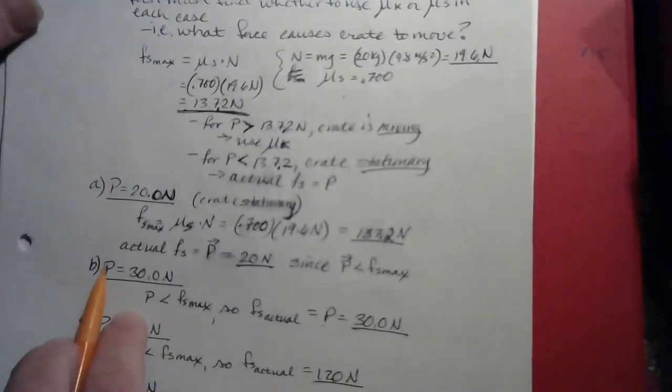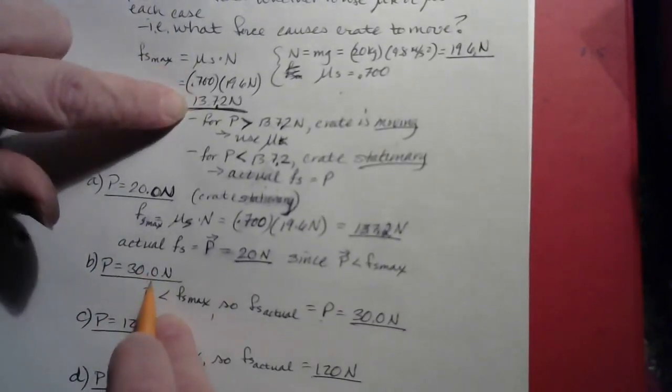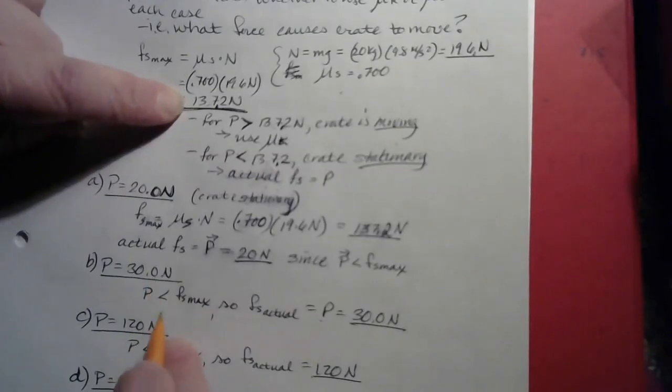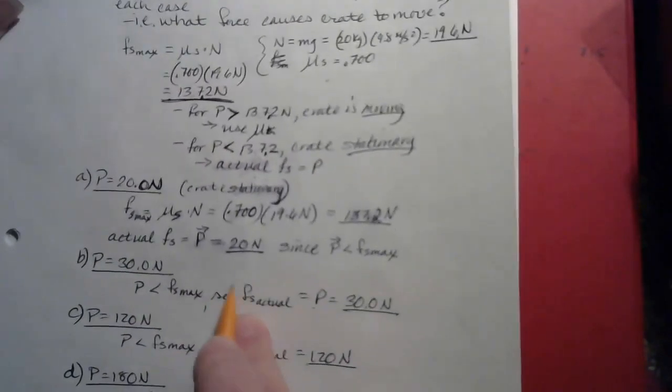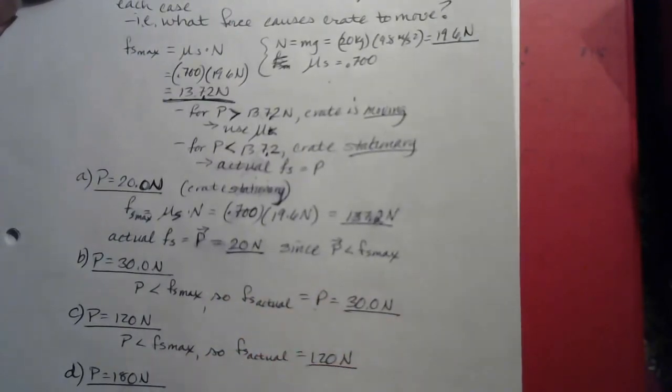Okay, if the pushing force is equal to 30 newtons, again, 30 newtons is less than 137 newtons. So the actual force of static friction will be equal in magnitude to P, which is 30 newtons.